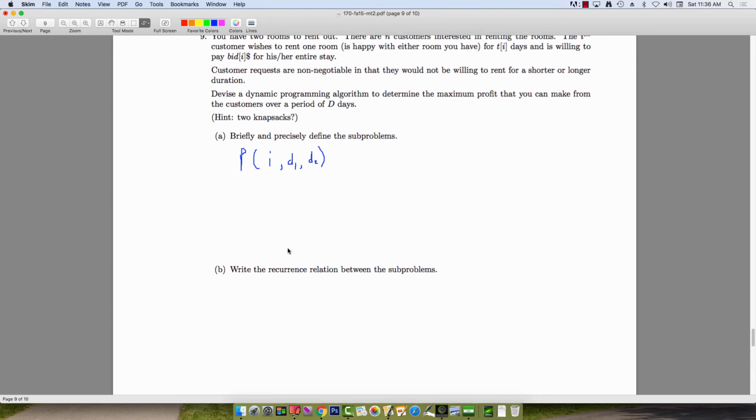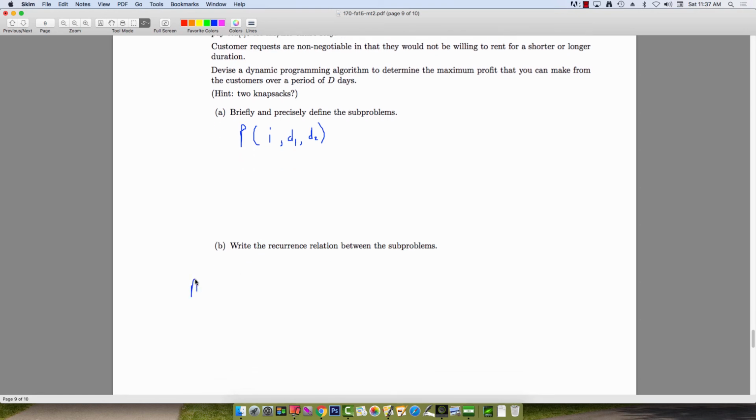So, let's think about this. What are the different scenarios in which we could use our subproblem? Well, basically, customer i can take the first room, he can take the second room, or we could just not give him a room at all. And if we're looking for the max profit, that means we want the max.